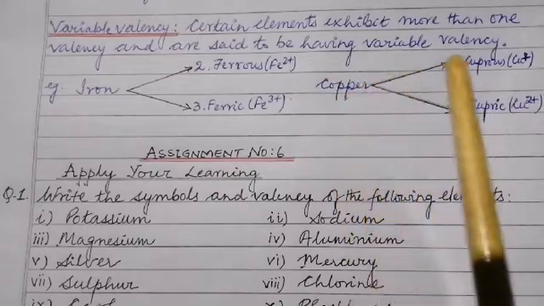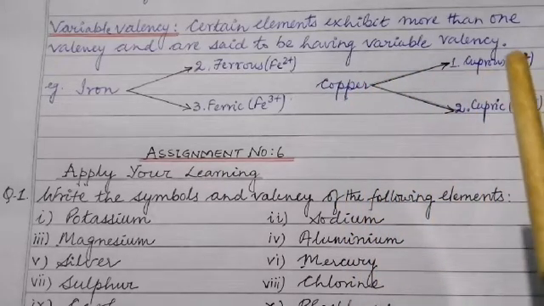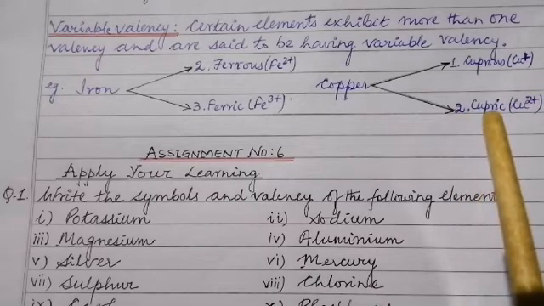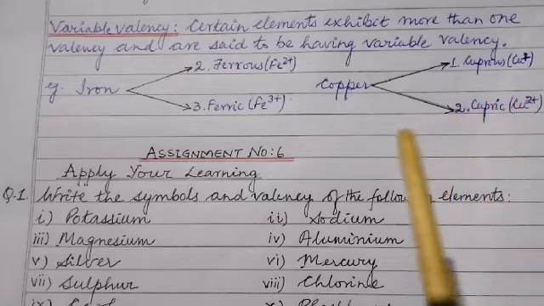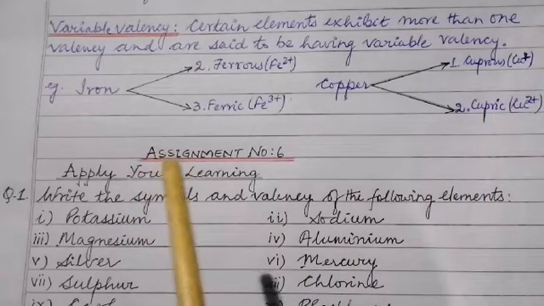Then copper, when the valency is 1, cuprous, that is Cu1 positive. When the valency is 2, we call it cupric, that is Cu2 positive. Similarly, there are other elements that show variable valency.